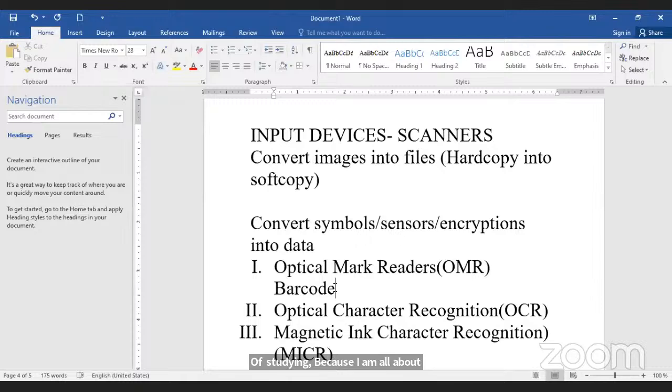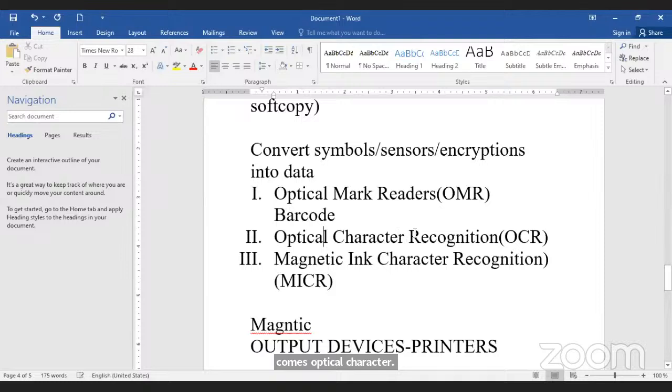When it comes to optical character recognition, most of you have realized that we have some barcodes that enable you to scan a document.